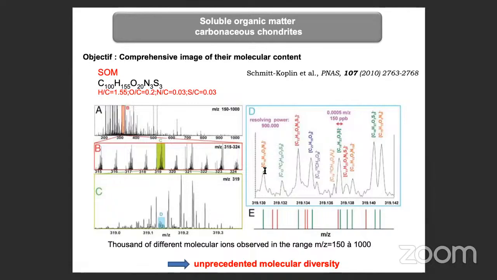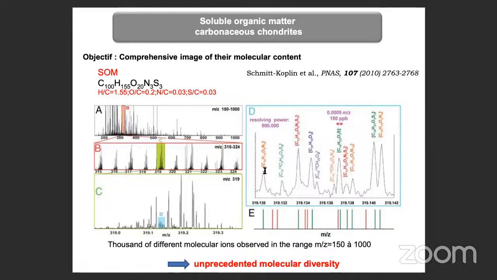So we can know if you have carbon, hydrogen, oxygen, nitrogen, sulfur in the system. And what you observe is that you have 10,000 different molecules that form this organic content. So you have a very important molecular diversity present in these objects that is maybe related to the origin of the solar system.